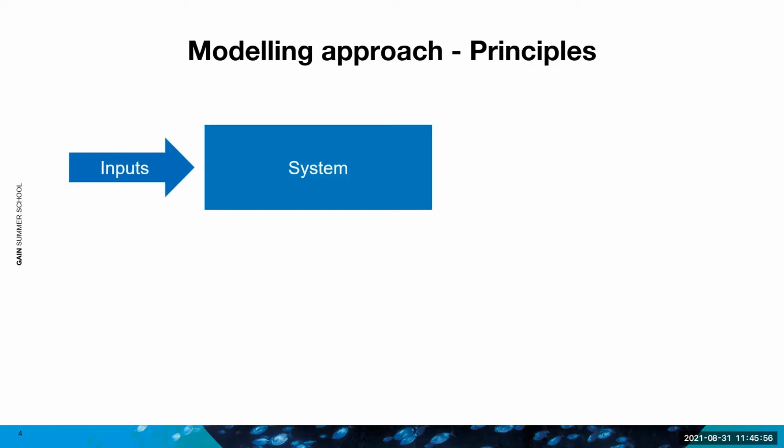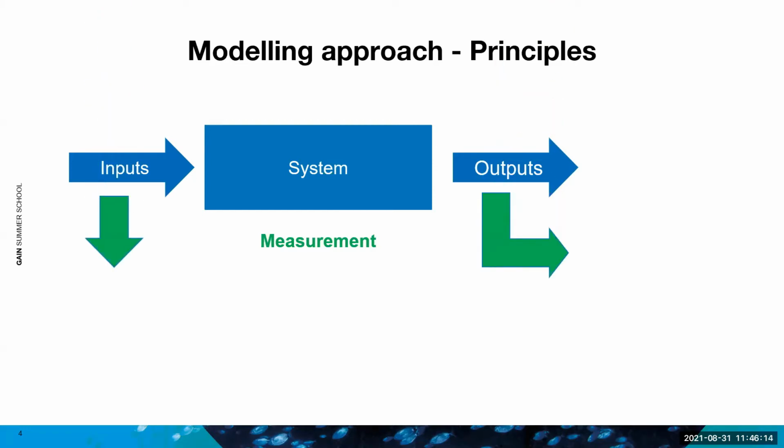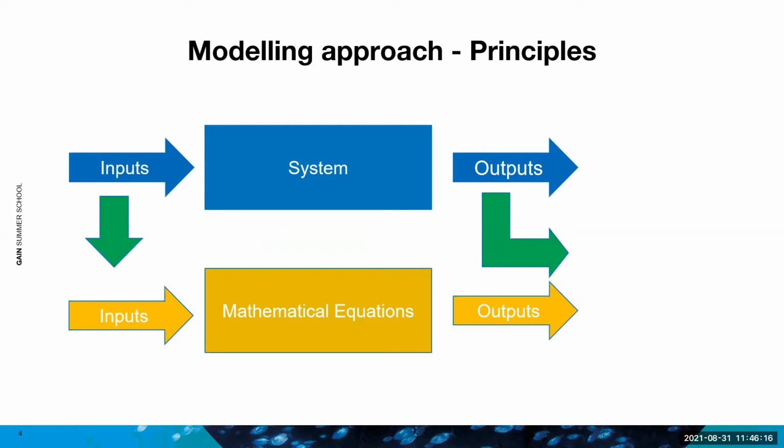Sure, you will have to understand what the inputs and the outputs are. If you want to go further, you can introduce a layer of measurements, for example, of the inputs and the outputs.